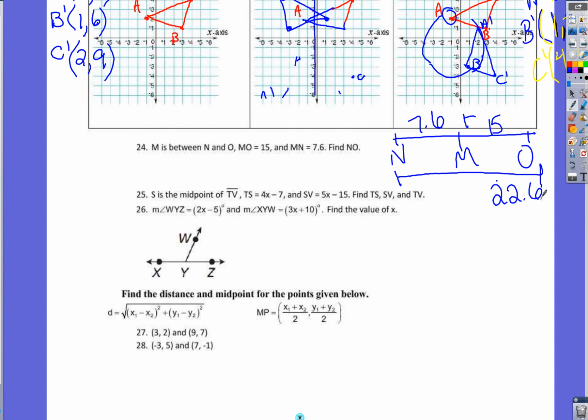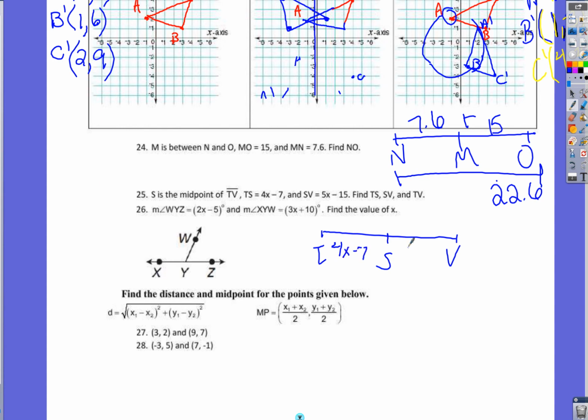That's just the midpoint of TV. I'm going to do 25 right here just because I have no space. There's T, there's V, there's S. And it is my midpoint. So TS is 4x minus 7.